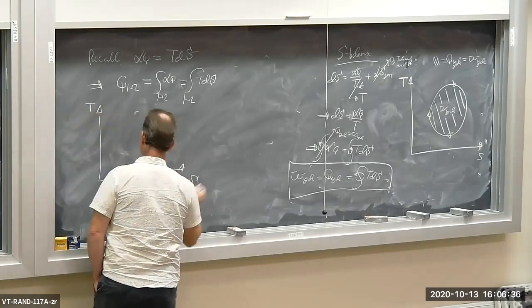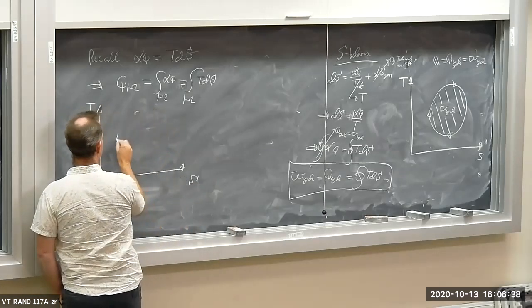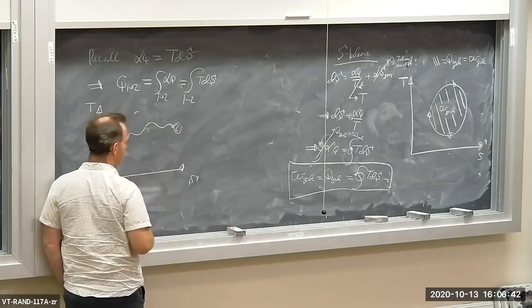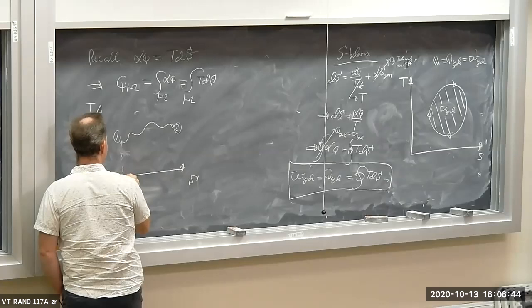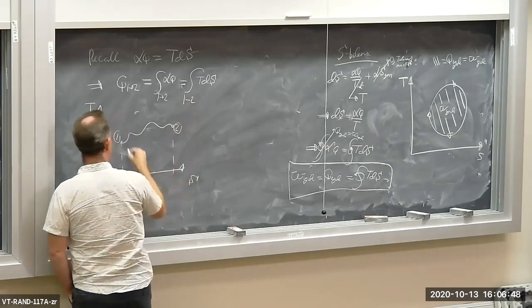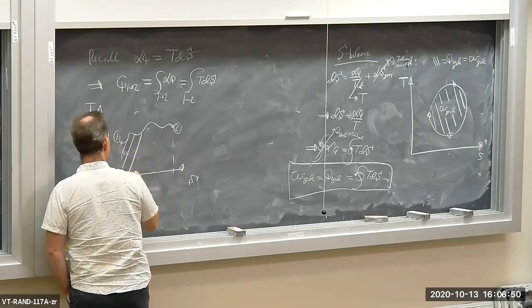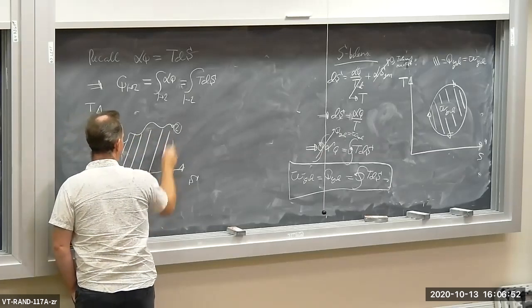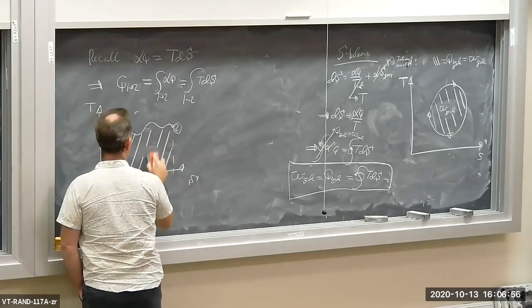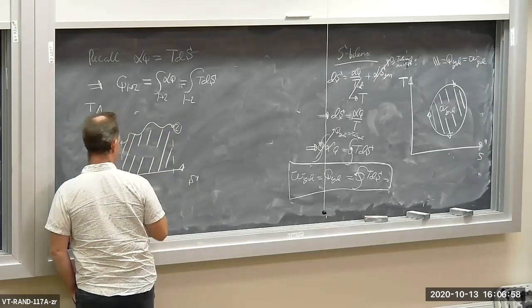TS. State 1, here's the path. State 2, this area, the area underneath the TS curve. The area underneath the TS curve is my heat transfer 1 to 2.